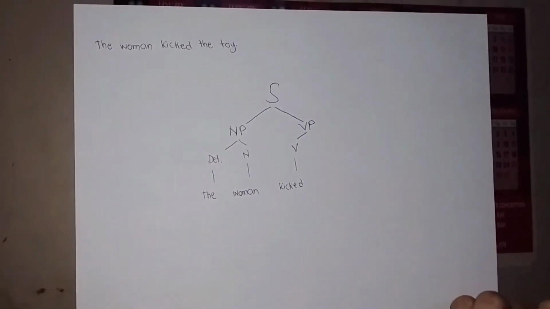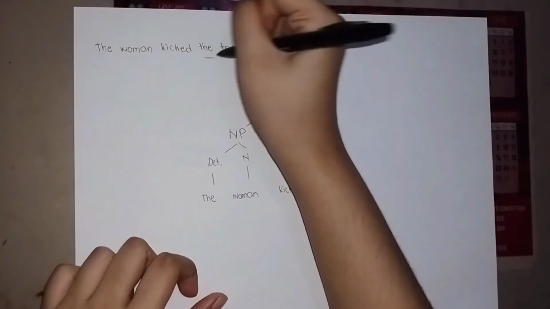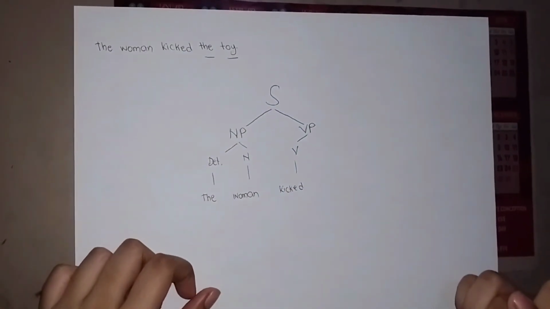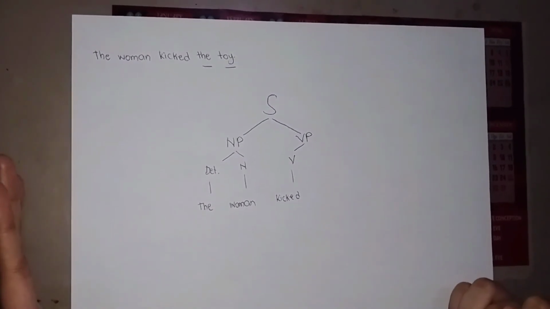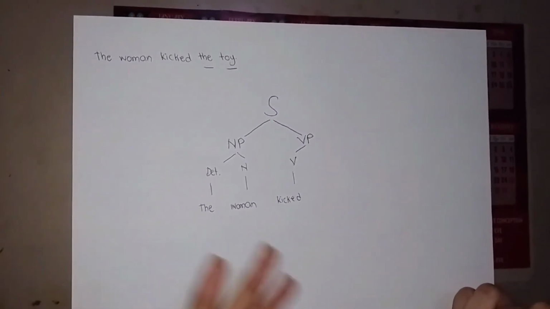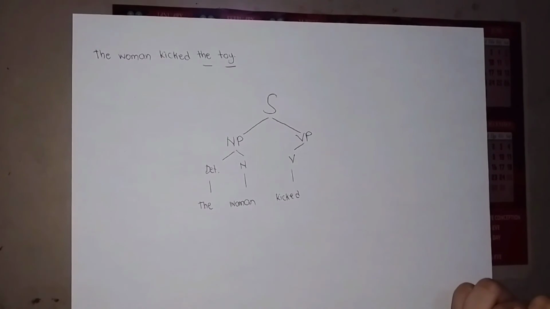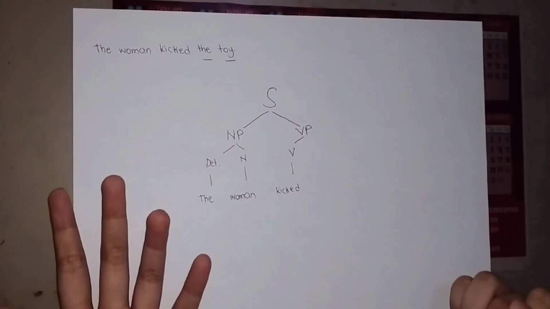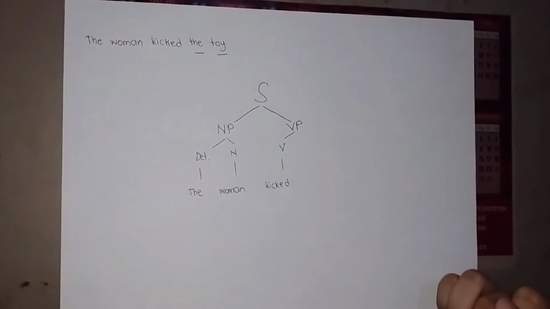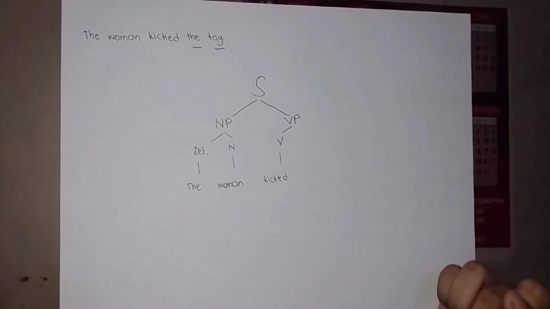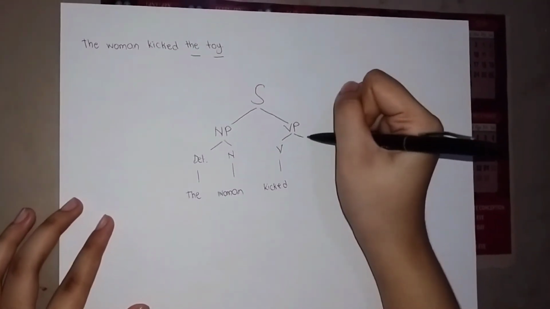Then, for the last two words, we have the toy. The toy. What part of speech are those? Of course, they are a determiner and a noun as well. So that means that this is actually a noun phrase. You might be wondering where to put it. Well, the noun phrase would be written under the verb phrase before we indicate its part of speech.